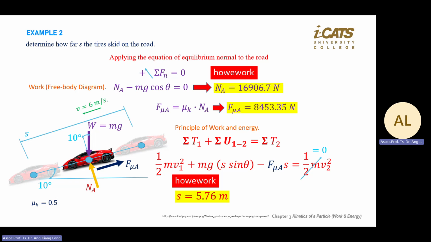You can find the distance is 5.76. And why is this one 0? Because when you press the brake, the object will stop. The V2 will be 0. This one is also important. You can use an arrow, then once the arrow equals 0, or you can substitute this one as 0. Either way also works.